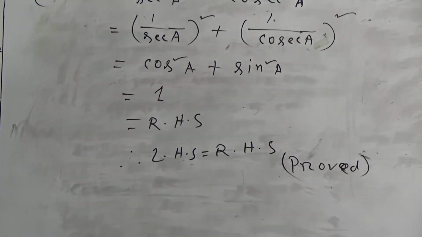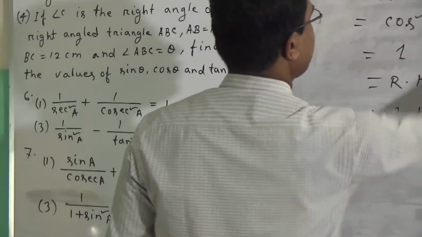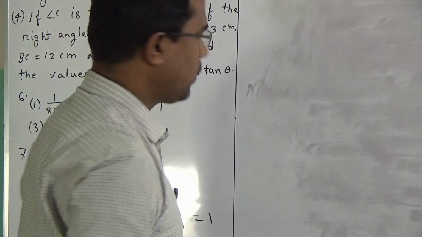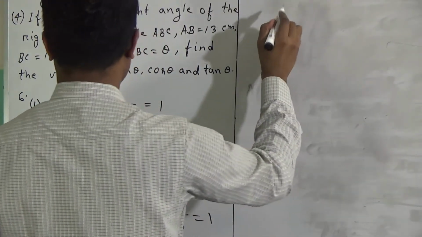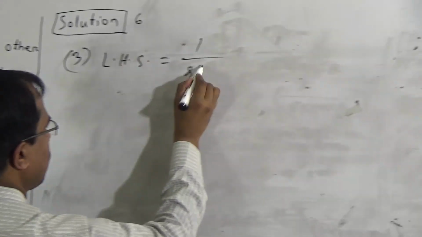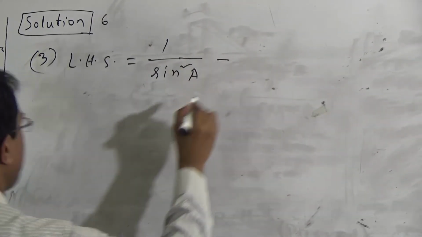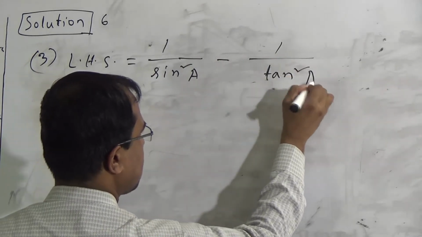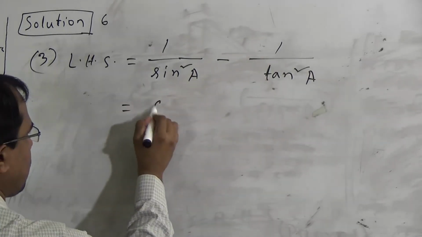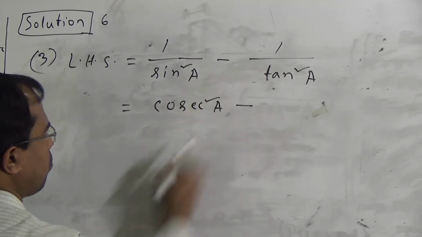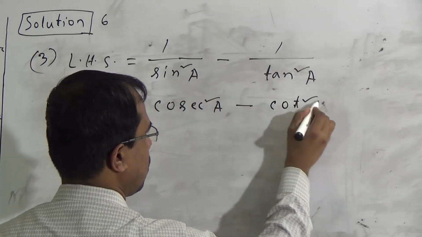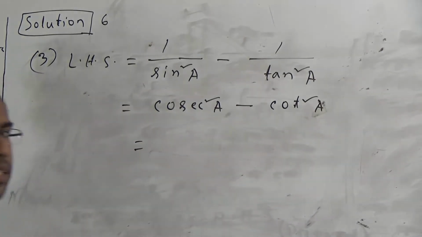Now we'll solve 3 from 6. Here the left hand side is 1 by sin square A minus 1 by tan square A. Now 1 by sin means cosec, so instead of 1 by sin square A, we can write cosec square A. Minus, cot is the opposite ratio of tan, so instead of 1 by tan square A, we can write cot square A. And here is another formula: cosec square A minus cot square A is equal to 1, we know that.